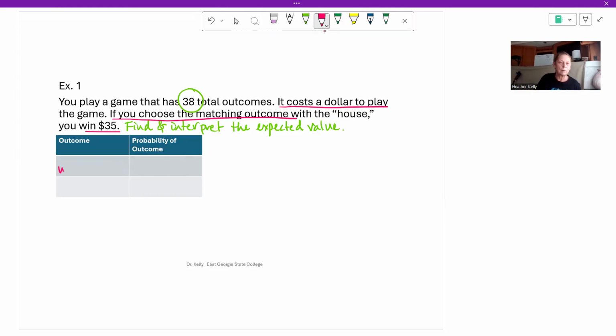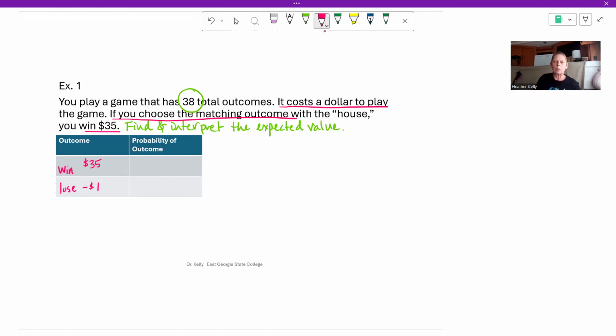We could win, and there we would win $35. Or we could lose, and if we lose, it costs $1.